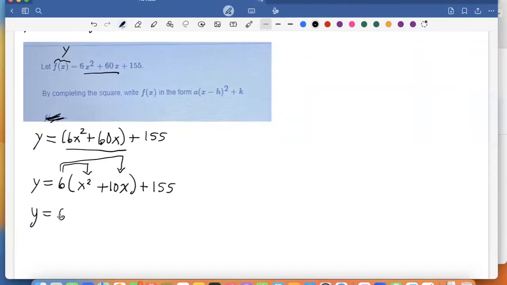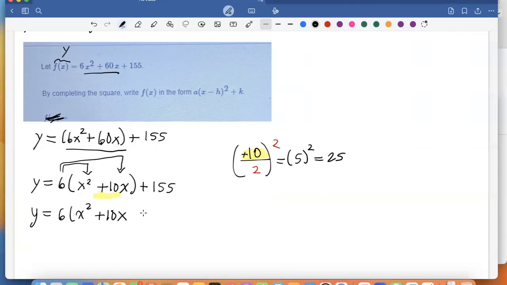Add and subtract a value in this bracket. This time, I'm going to take the plus 10, take that number, divide it by 2, and square it. It's a plus 10 again. Divide that by 2, square it, and that gives me 5 squared, which is 25. So I'm going to add and subtract 25.